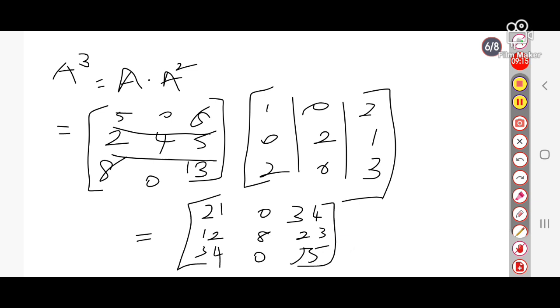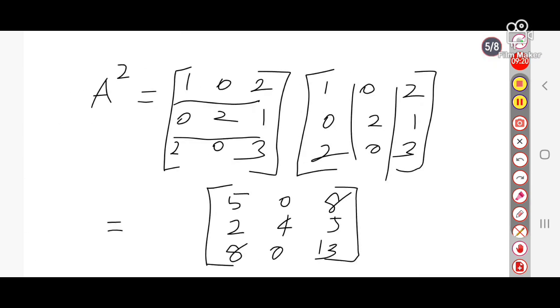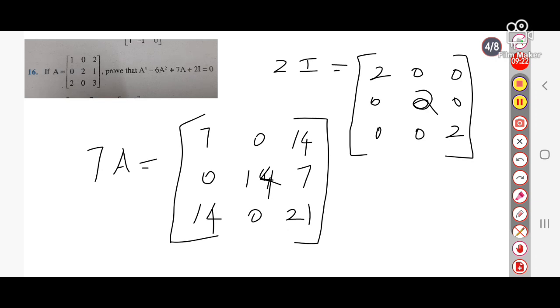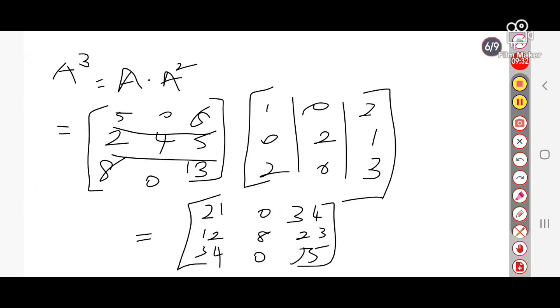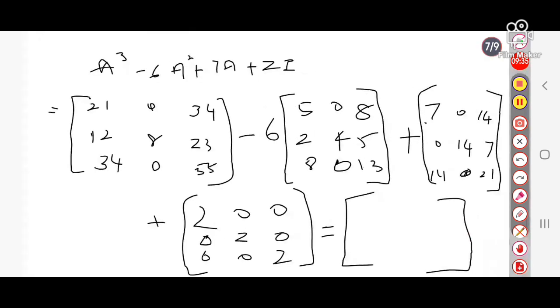So we found the value of A cube and A square, 7A, 2I. So just substitute that in the equation and find whether the equation yields the value 0. We get A cube value as this one. So upon substituting the values which we arrived at before into this equation, we yield the result that they are asking.